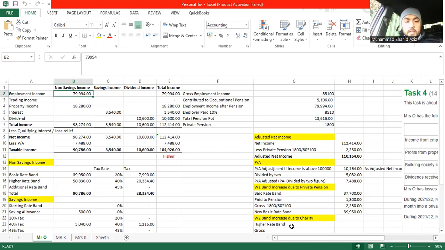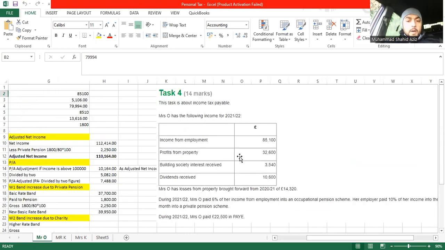The next thing is, if we read the question again, the profits from property are 32,600. But there is a note here: Mrs. O has losses from property brought forward from 2020-21 of 14,320. Remember, any losses from property we need to adjust against the profit from the property in the following year.